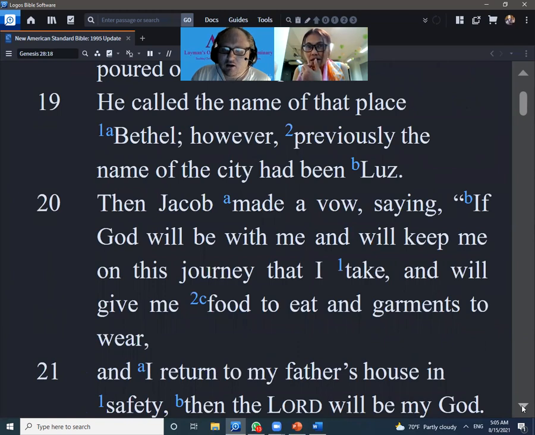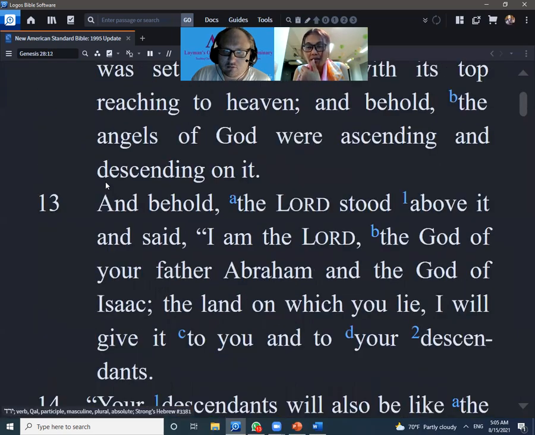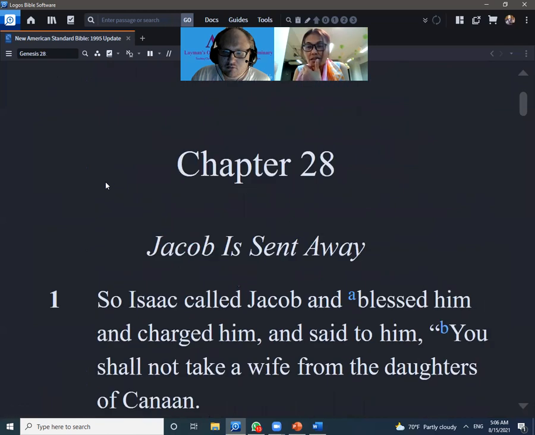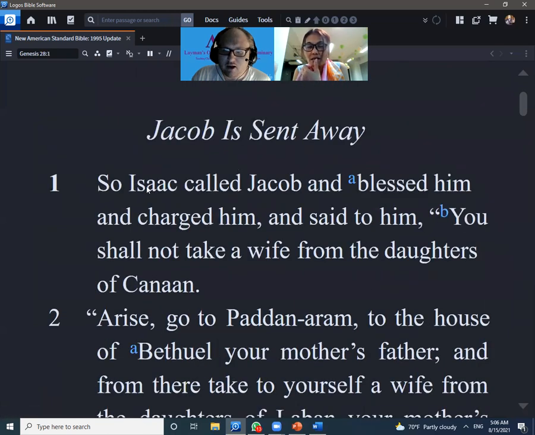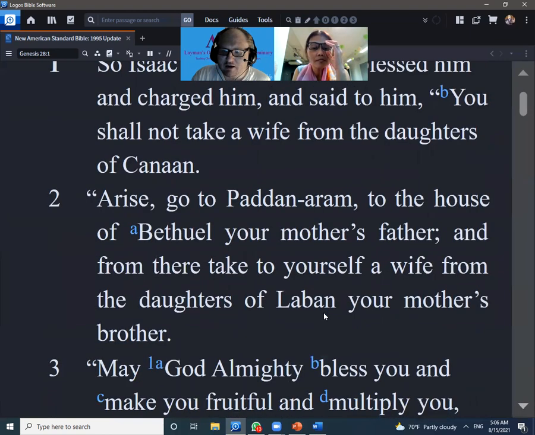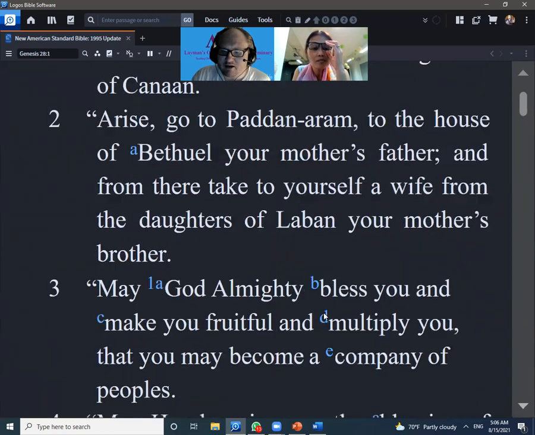Because he cheated. Look, so Isaac called Jacob and blessed him and charged him and said to him, "You shall not take a wife from the daughters of Canaan." And then that's where he said, "Go to where I basically got your mother."